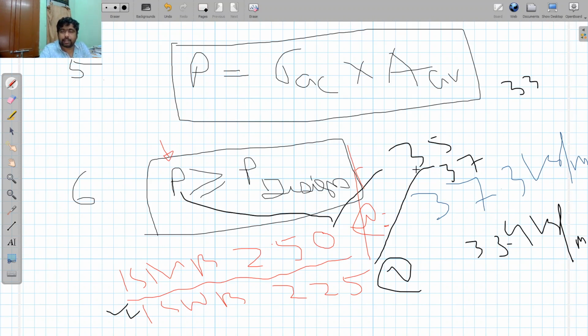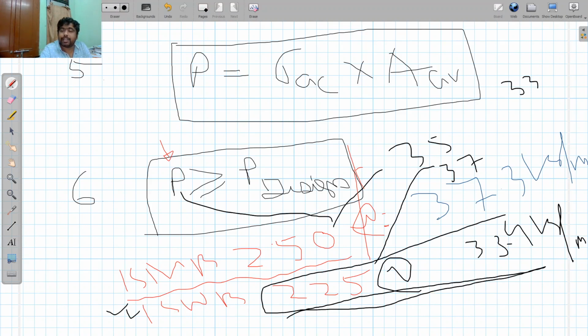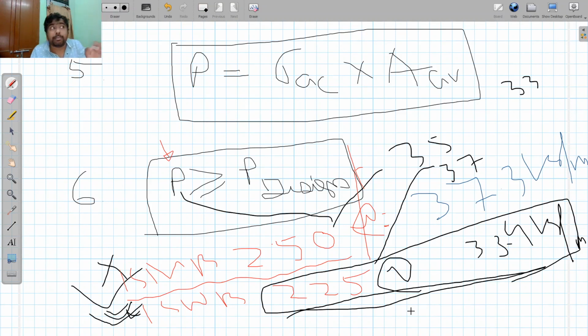Even though this is giving a higher load, this section is still the economical section because its weight is less. When less material is provided, it is the economical section. So we'll choose this section rather than this section. Though this is also passing, both are satisfying our criteria, but still we'll choose this section because it is the economical section.